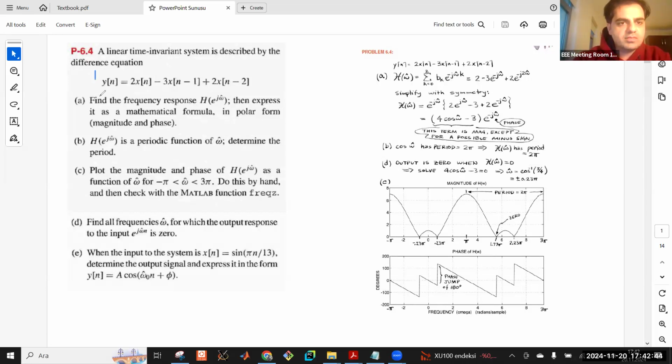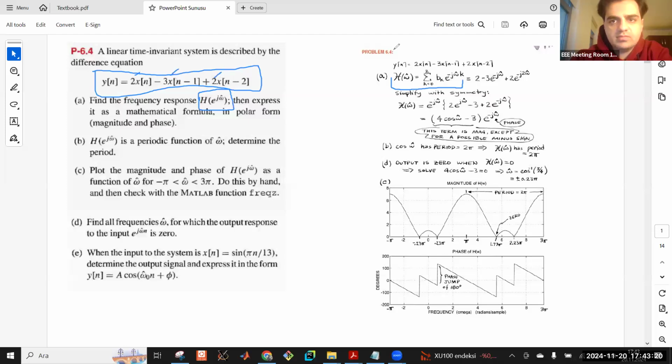In this question, we are given this difference equation. In part A, we will find the frequency response. So the frequency response of this system has the same coefficients as the difference equation.